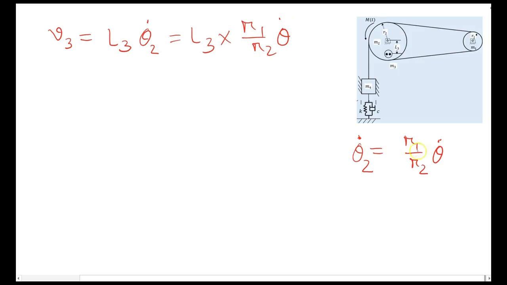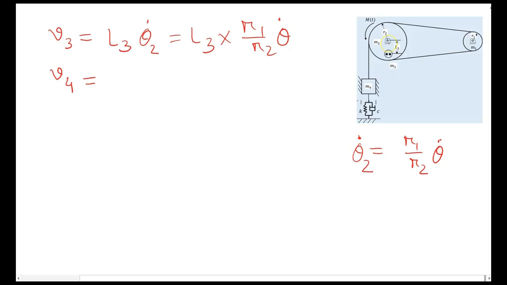By the way, we get a positive sign here because both pulleys are rotating in the same direction. It would be negative if they rotated in opposite directions. Alright, so that's our V3 expression.